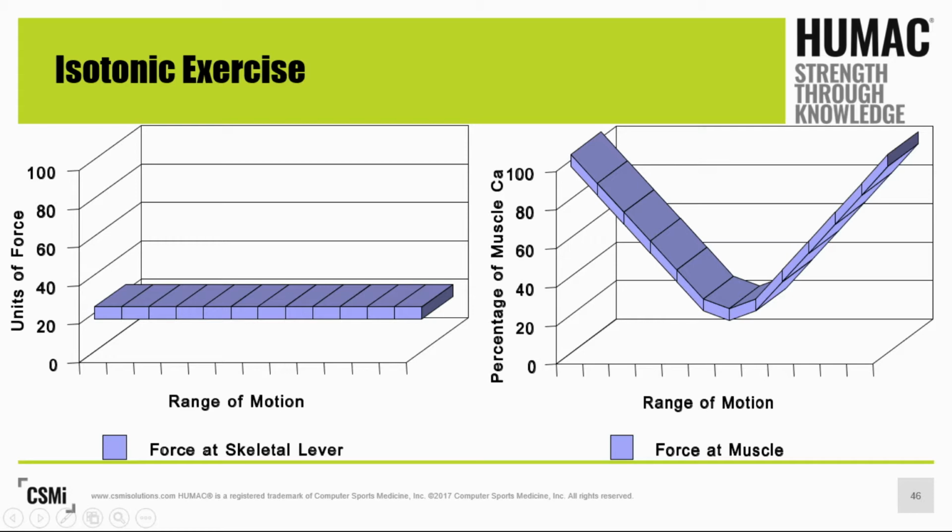At the beginning and end of the range of motion, where we're weakest, the muscles have to work harder to overcome the resistance, so the line is higher. But in the middle, where we're stronger, the muscles don't have to work very hard, so the percentage of muscle capacity is lower. So with traditional isotonic exercise, we're robbing our muscles of their ability to strengthen throughout the entire range of motion, as the stimulus for hypertrophy is not being met except for at end ranges.